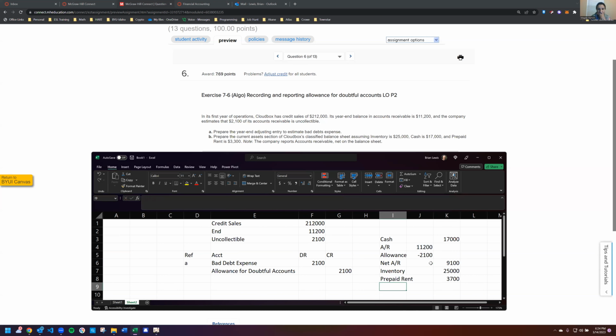So your total current assets should be the sum of these. Okay, that's how I would do it first, not knowing anything else.